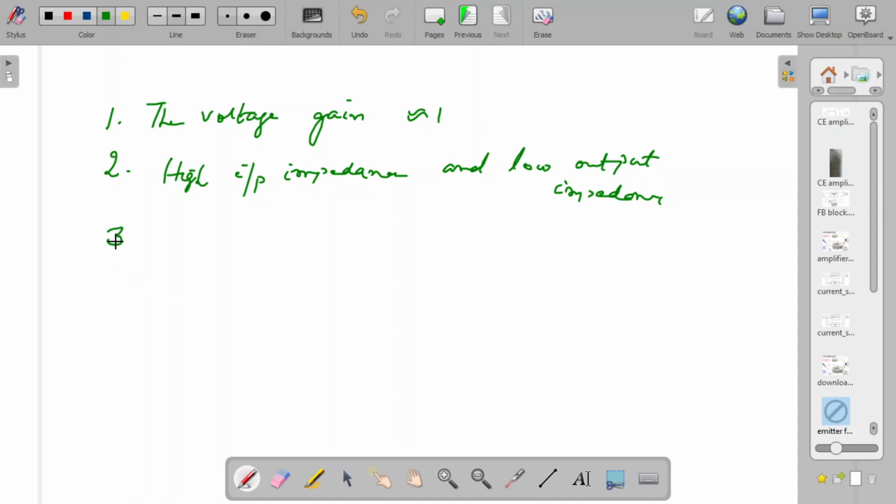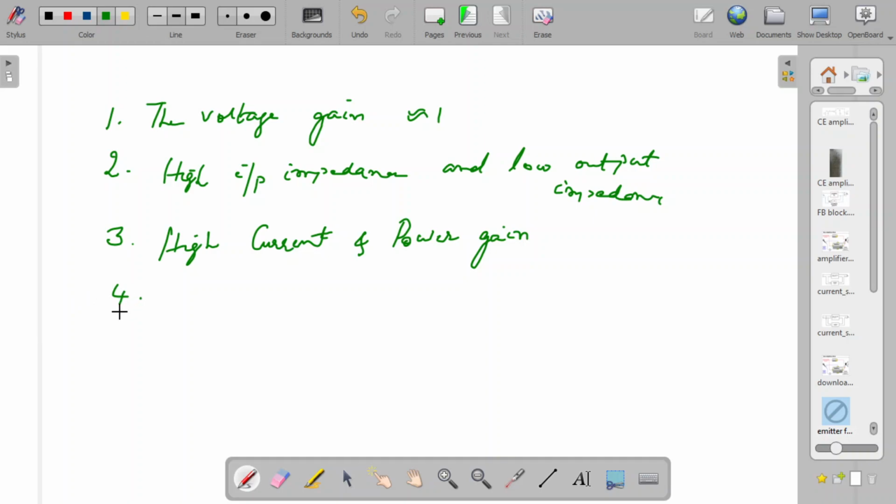Now, one thing is, though it doesn't have any voltage gain, its current gain is high. So it has high current gain, as well as very high power gain. High current and power gain.